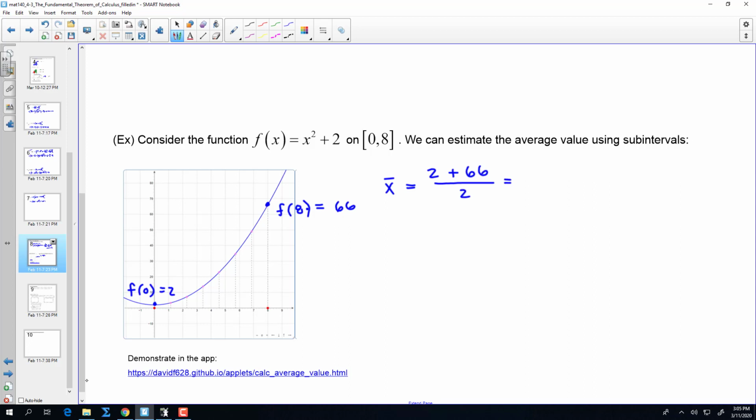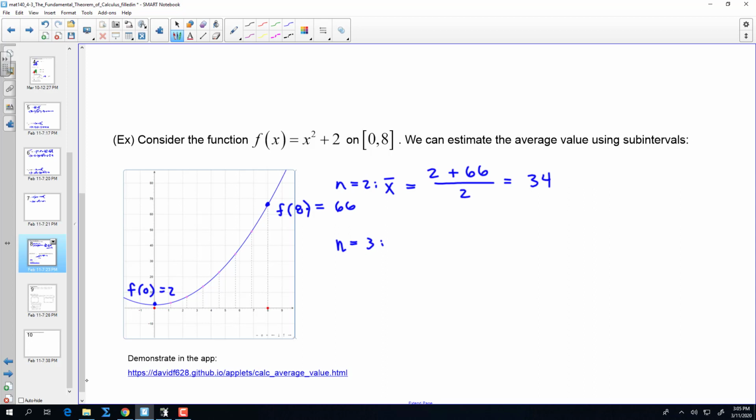When we divide that by 2, we get 34. So the average value of that function looks like 34. And that's just using 2 sample points.